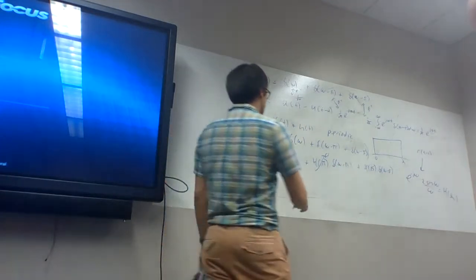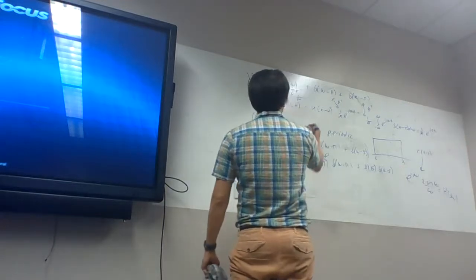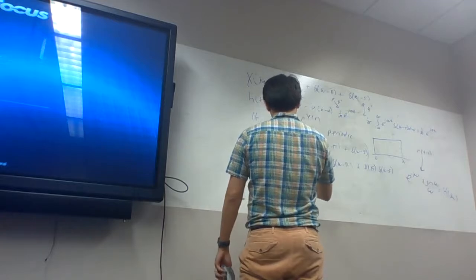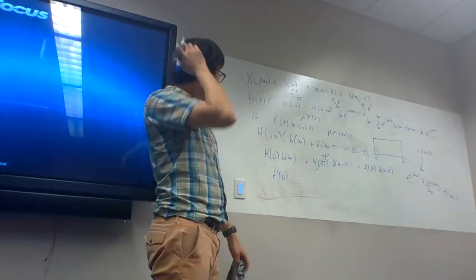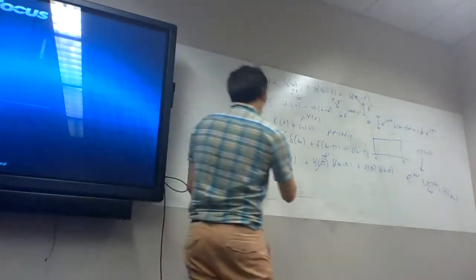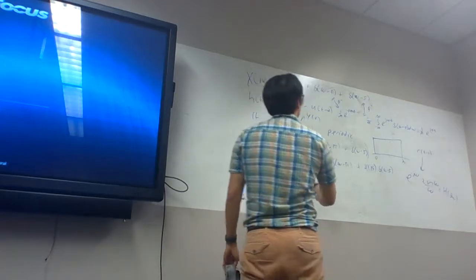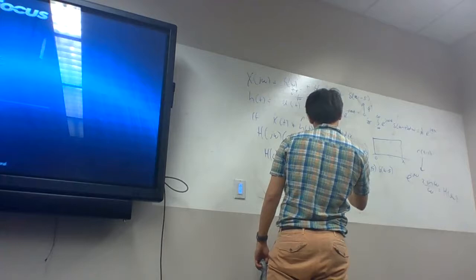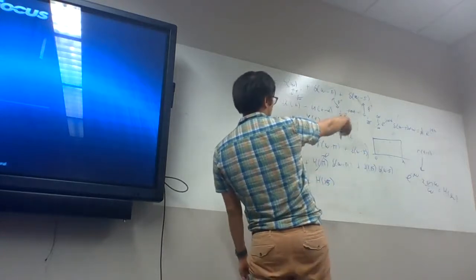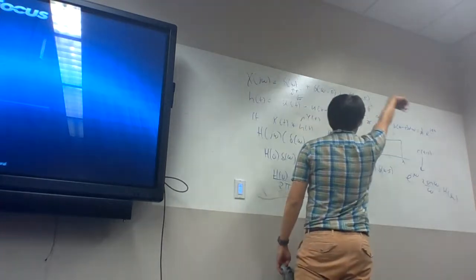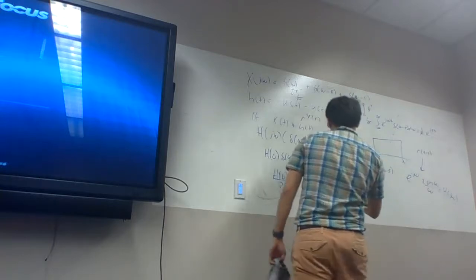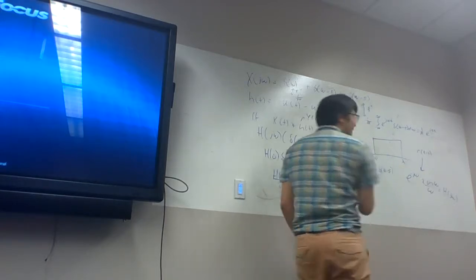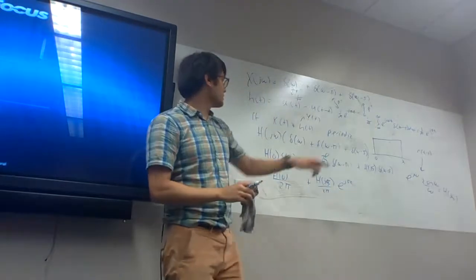If we call this y of t, this thing is actually h of 0 times 1 over 2 pi plus h of j5 e to the j5t over 2 pi. So that is indeed periodic.